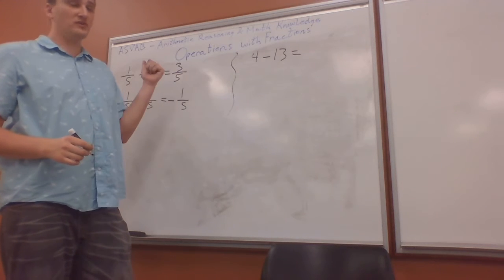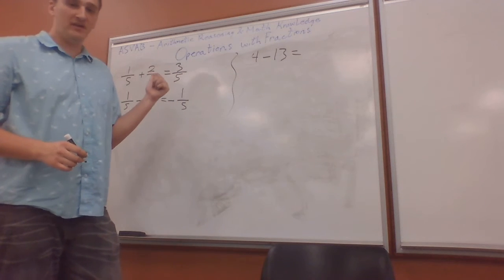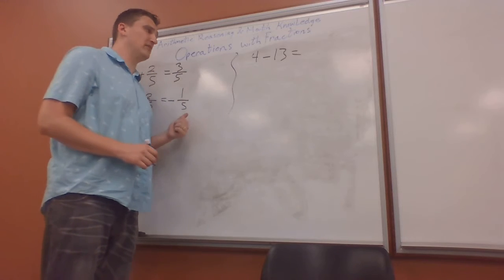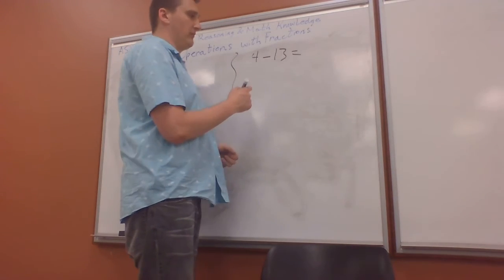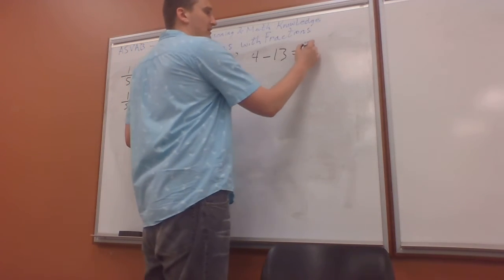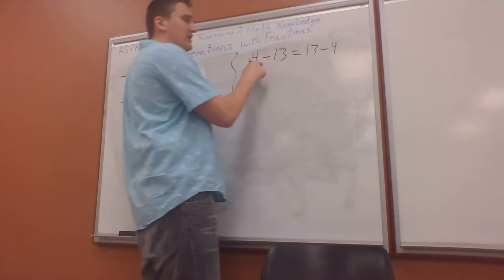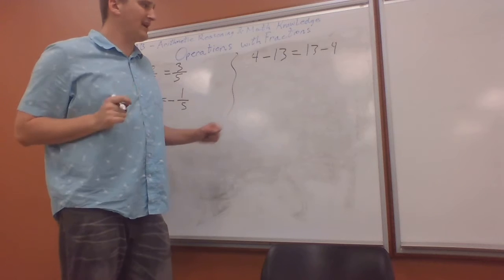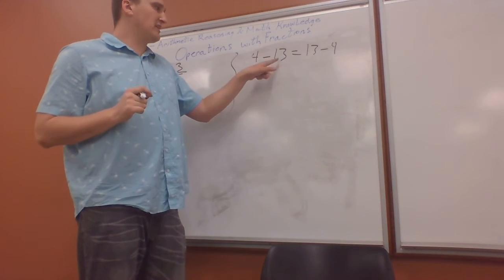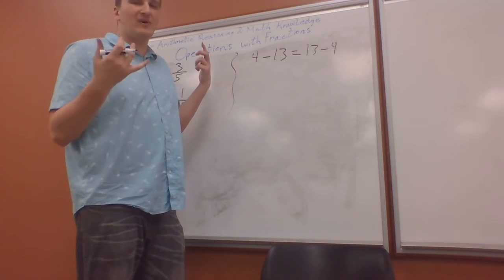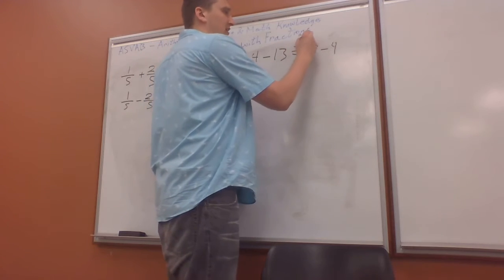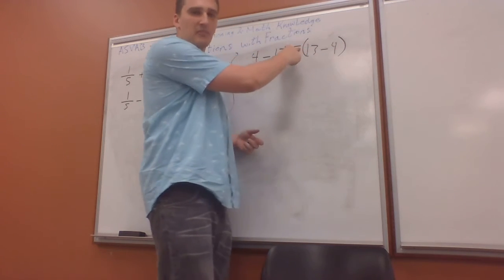It's going to make us go more towards negative infinity than towards positive infinity. Here's a little trick I like to do. I like to treat this like 13 minus 4, and then I keep it in the back of my mind that I am subtracting a bigger number minus a smaller one, so I know my answer is going to be negative. So whatever that is, I take the opposite of it.